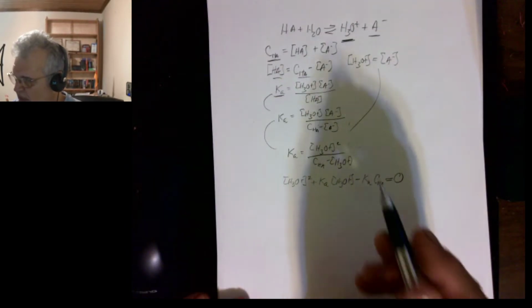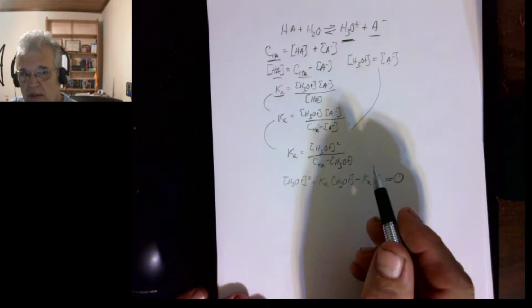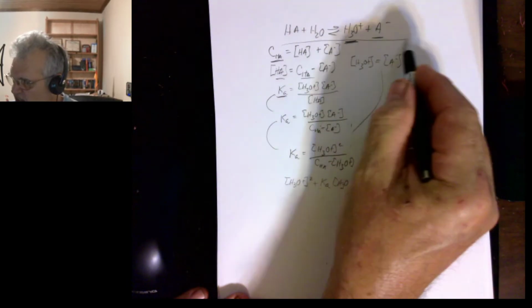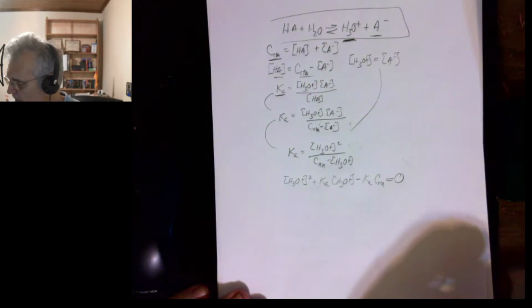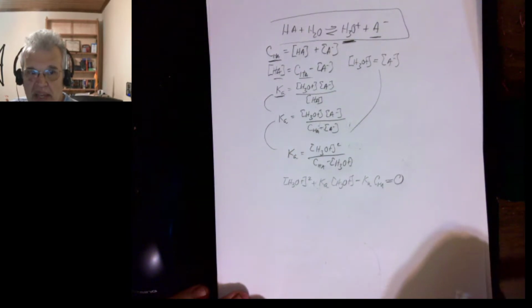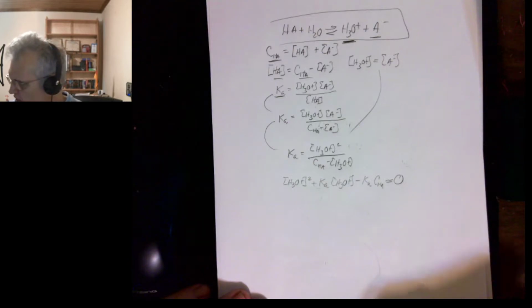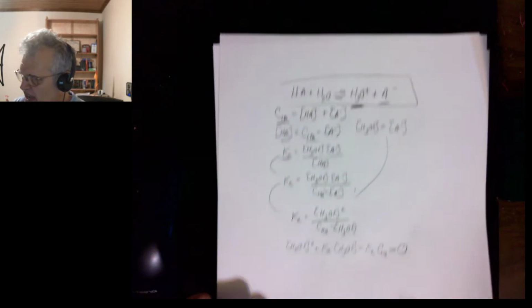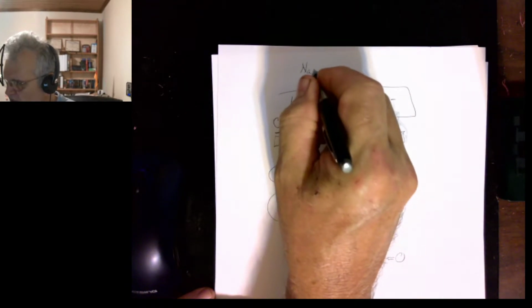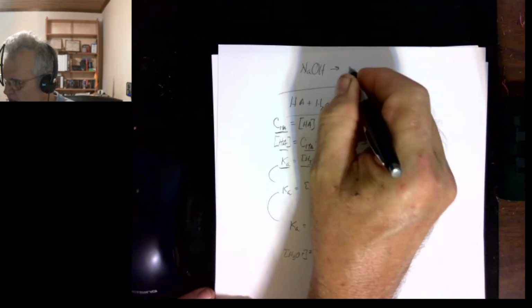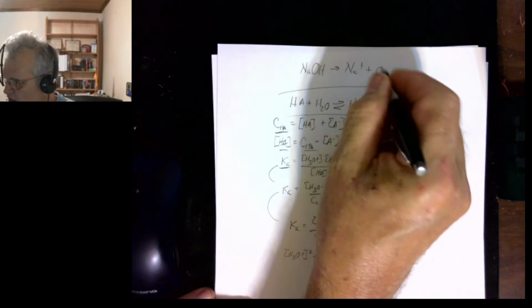Okay, so that's great. With a buffer situation, imagine that I had this weak acid and I have this established equilibrium that's going on. And now I add in a strong base, sodium hydroxide, let's say. Sodium hydroxide is a classic strong base. Well, sodium hydroxide obviously goes to give me sodium plus hydroxides.